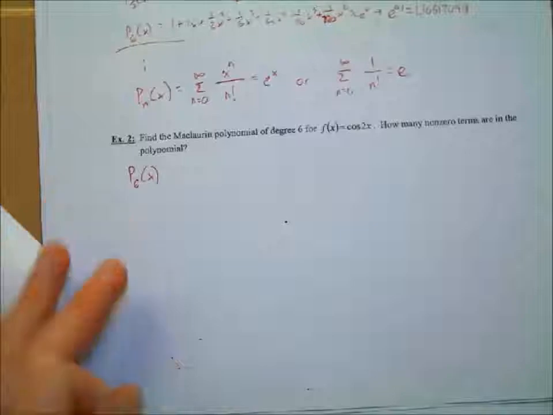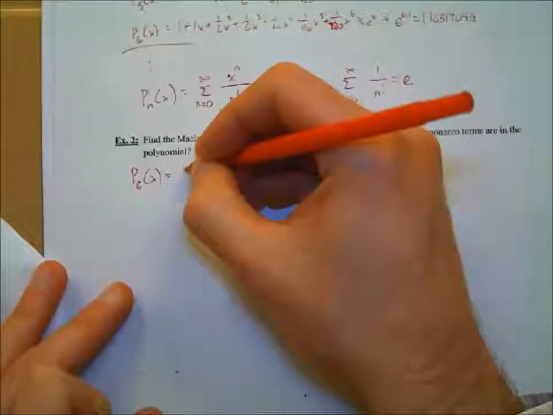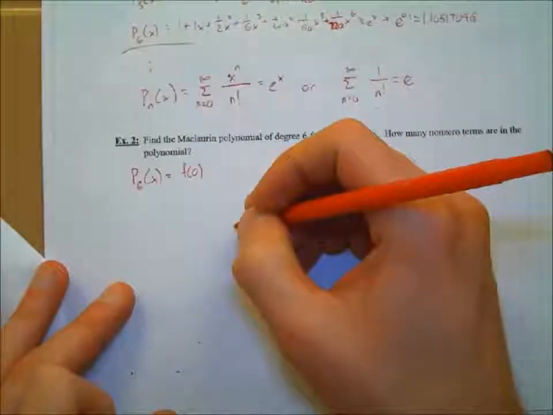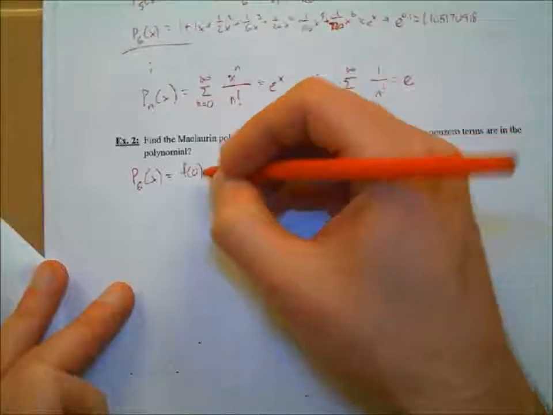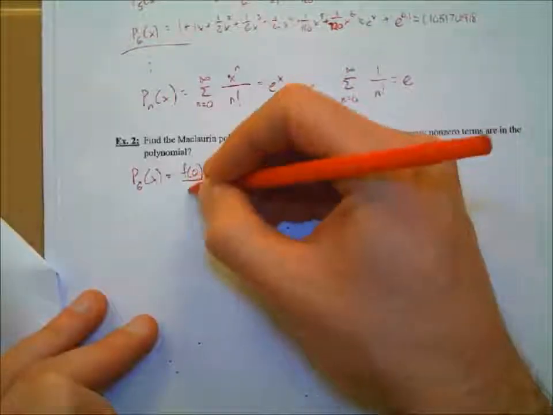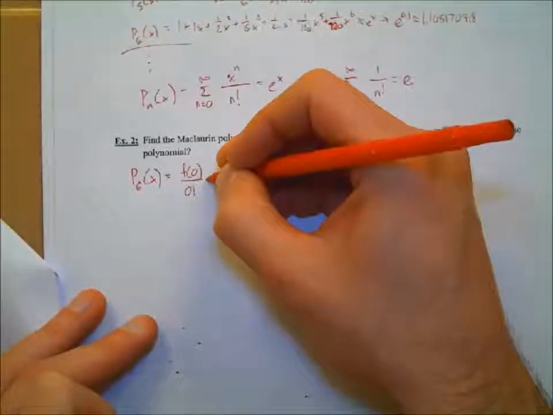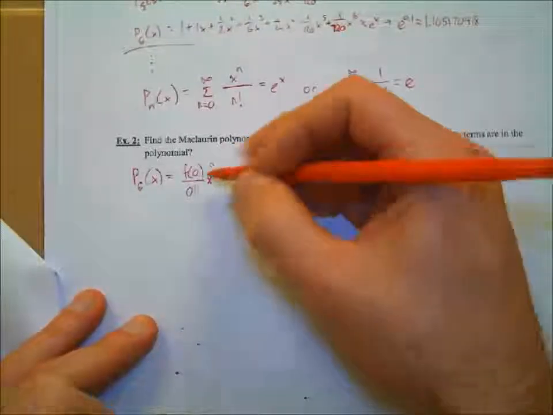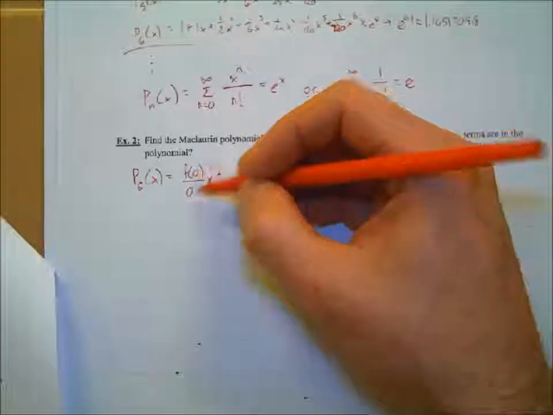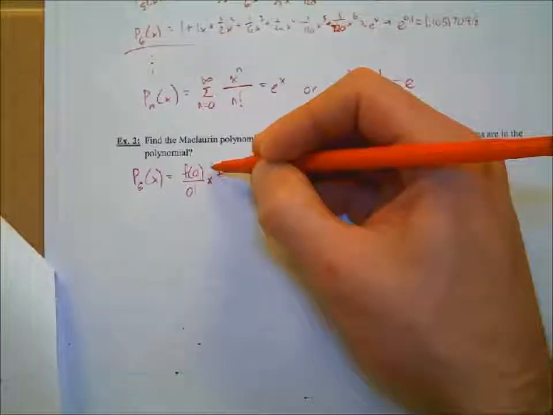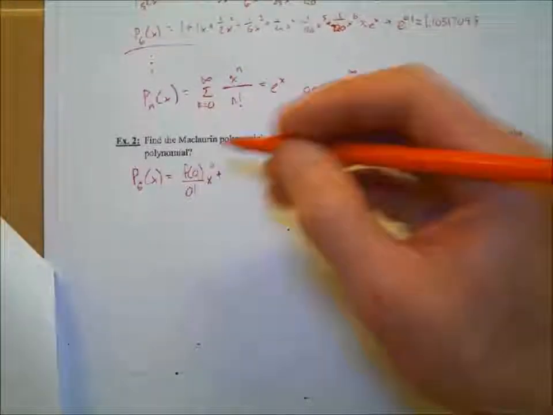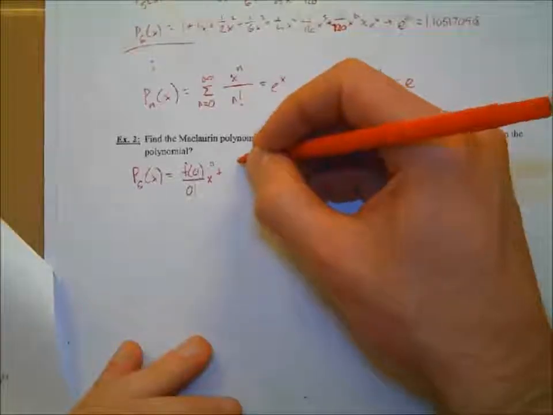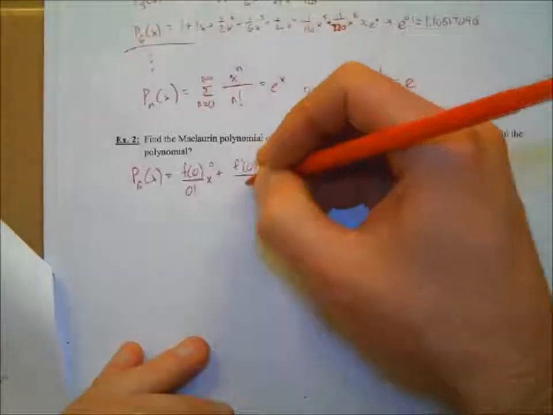So we should have f of 0, plus, if you want to be really specific, f of 0 over 0 factorial times x to the 0. That's really what the first term fully looks like, but it just ends up being f of 0, right? Because 0 factorial is 1, x to the 0 is also 1.